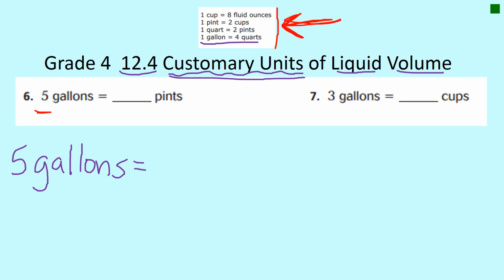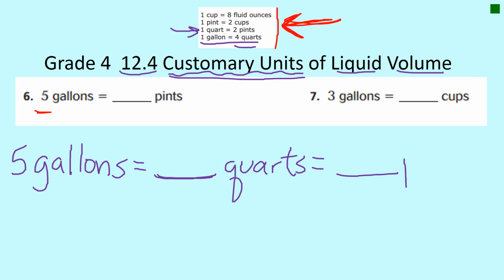So I'm going to go from 5 gallons to quarts. I'm going to see how many quarts are in 5 gallons, because then what's right there? Quarts to pints, right? So if I know how many quarts are in 5 gallons, then I can use this conversion chart and change my quarts to pints.